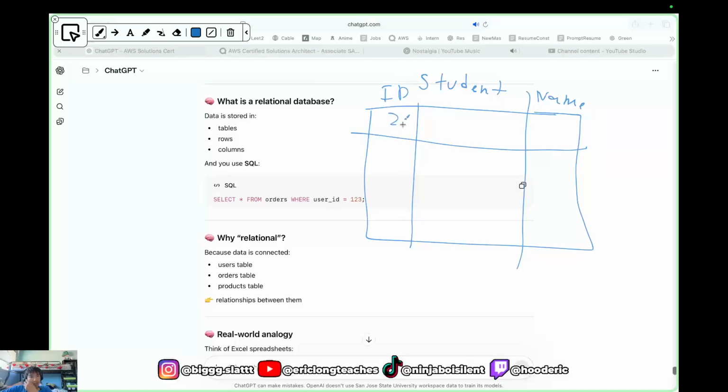So ID could be like 2. The student is just the table name. Name would be like, I don't know, Eric. So this is a column, and this is a row, an instance of an ID, an instance of a name. And we could run SQL commands on this, which stands for Structured Query Language.